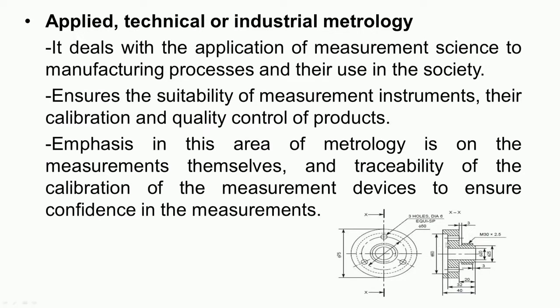Such parameters we need to measure, for which appropriate selection of instrument is necessary. So industrial metrology helps in all these activities. Sometimes we have to make inspection fixtures so that the inspection can be carried out easily. So all such things are carried out in industrial metrology.